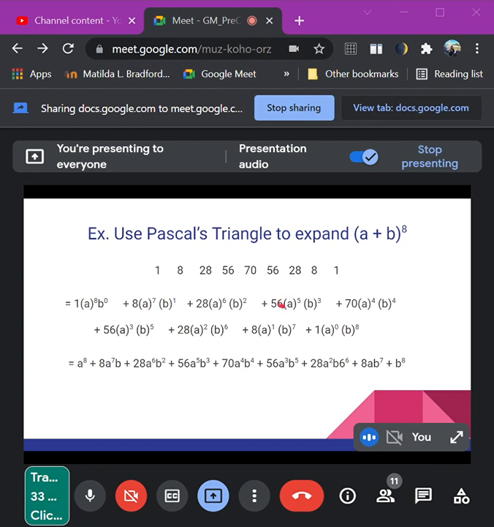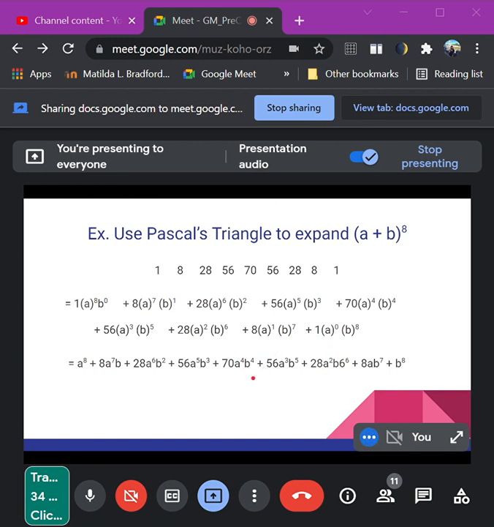And then next we have there 56, A raised to the power of 5, B raised to the power of 3. And next one kanisha 70, A raised to the power of 4, B raised to the power of 4. And next is 56, A raised to the power of 3, B raised to the power of 5. Next one, 28, A raised to the power of 2, B raised to the power of 6.